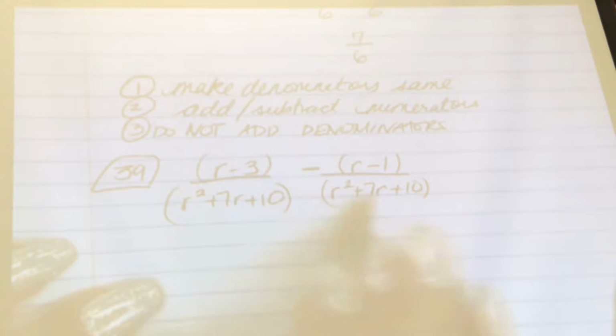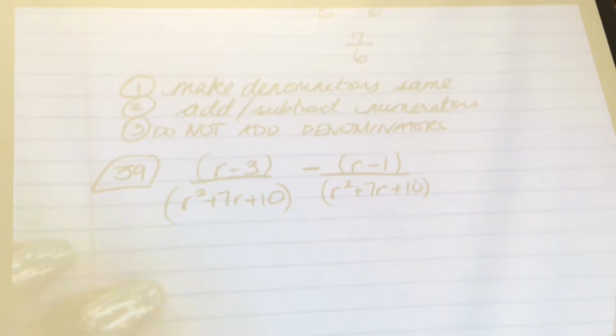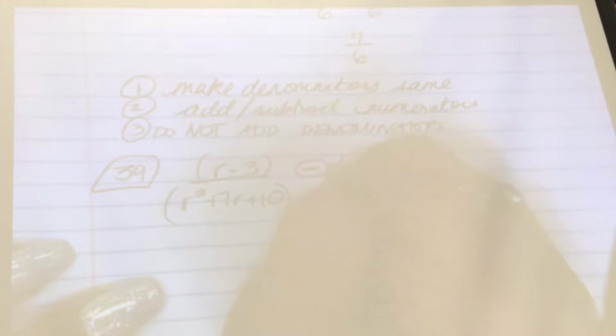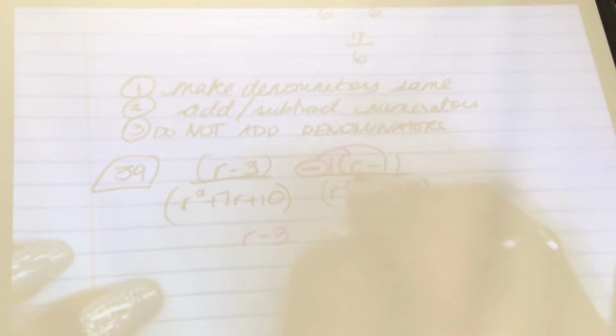Since the denominators are the same, I can skip to number 2, which is add or subtract the numerators. So here, this negative is the same thing as a -1. So I'm going to go ahead and distribute that -1. So I have an r minus 3 up here, and then I have a -1 times r, which is minus r, and then a -1 times a -1, which is +1.